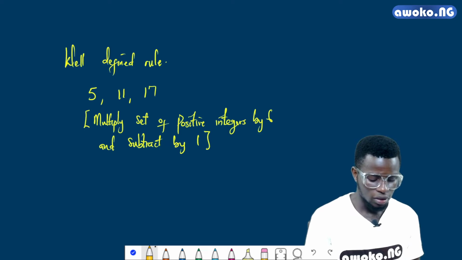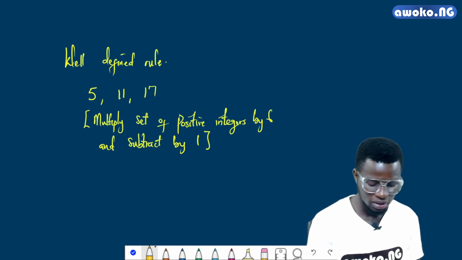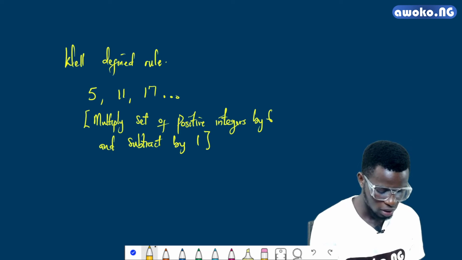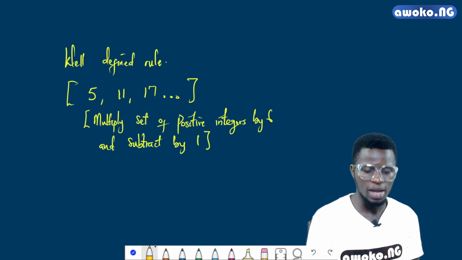So the well-defined rule that pertains to this particular sequence is that we have to multiply the set of positive integers by 6 and then subtract 1.